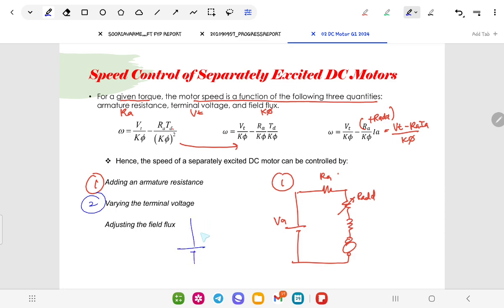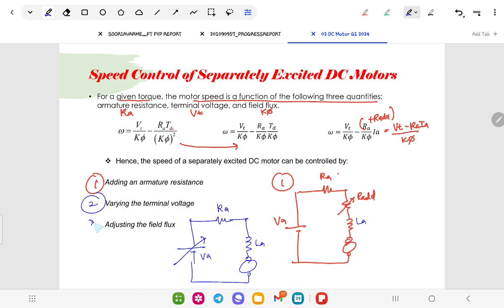Let's say you have your circuit here. For varying the terminal voltage, you only vary the terminal voltage without adding additional resistance. So one at a time. You only vary this VA. Your RA is still the same, one RA, one LA.